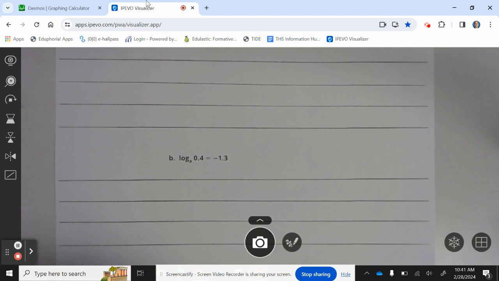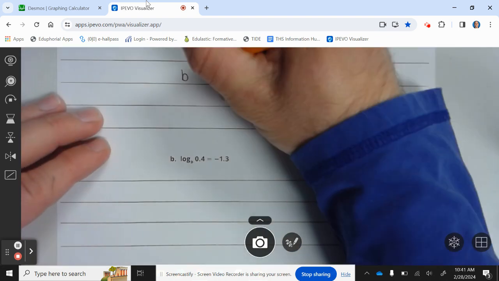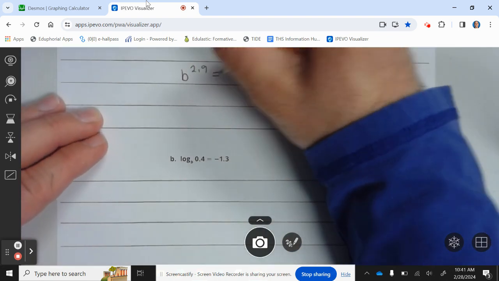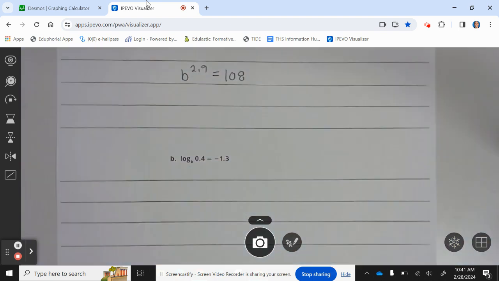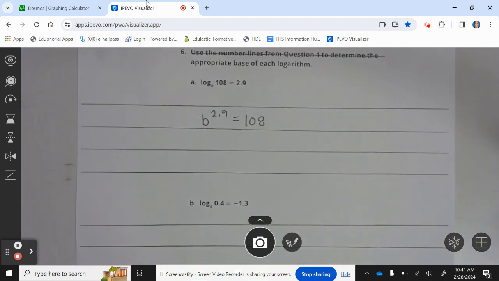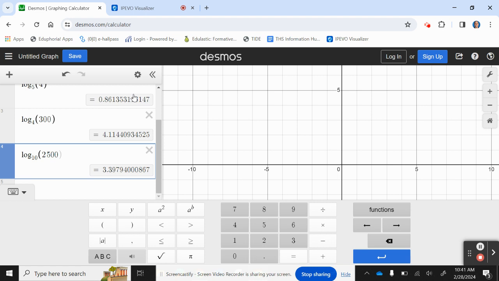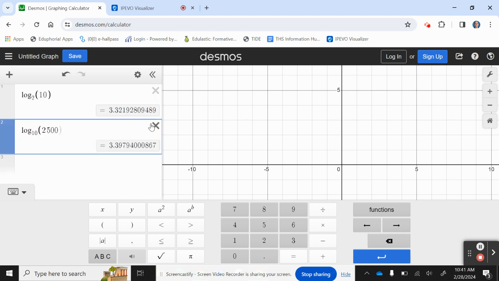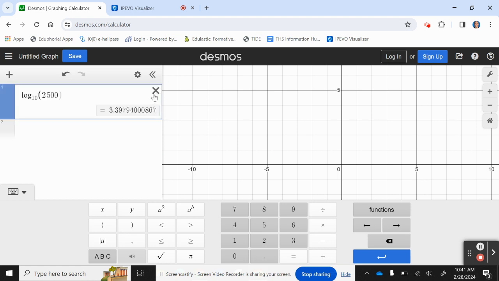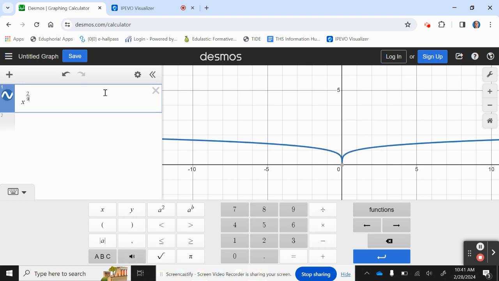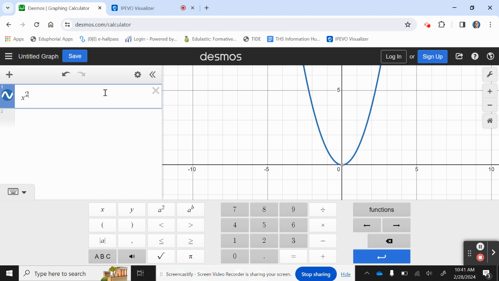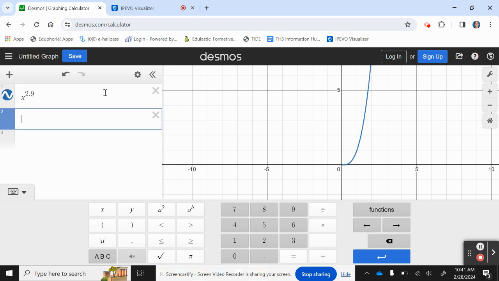Okay, so this can be rewritten as b to the 2.9 equal to 108. I'm going to graph to find the value of b. So let's go ahead and do that. We're going to use x instead of b. So x to the 2.9, y equals 108.